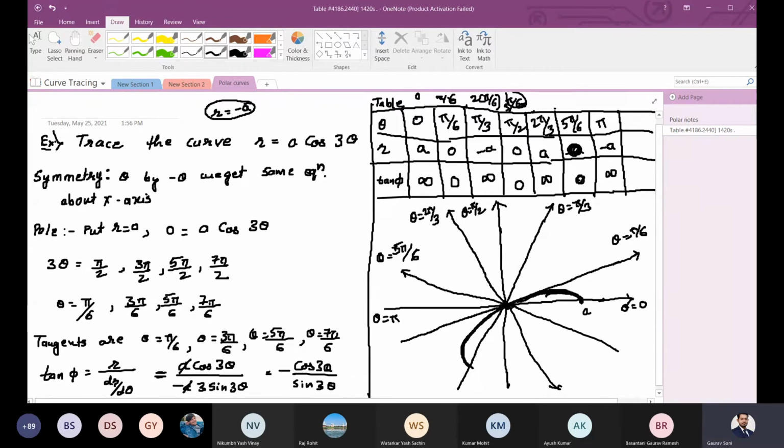Then again from pi by 3 at minus a, it comes to 0 at pi by 2. Sir, it should be on the upper line of the pi by 3 line. Of course you are correct. But in this direction, the radial vector will be positive, but it goes in the negative direction.